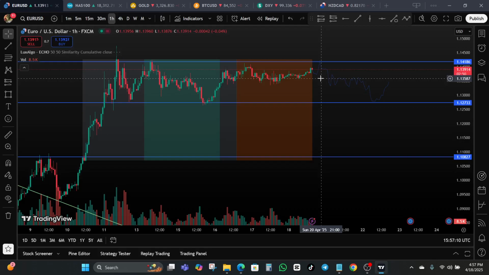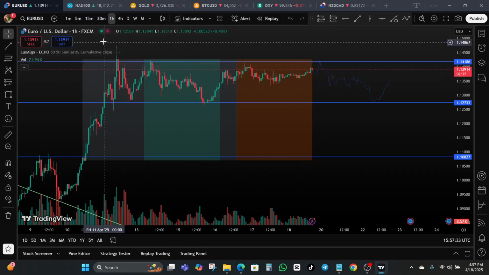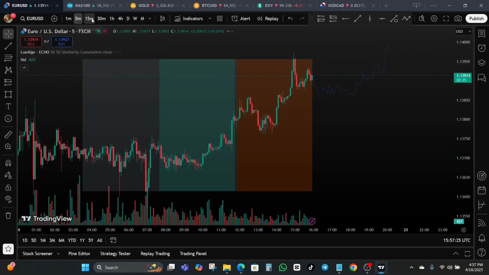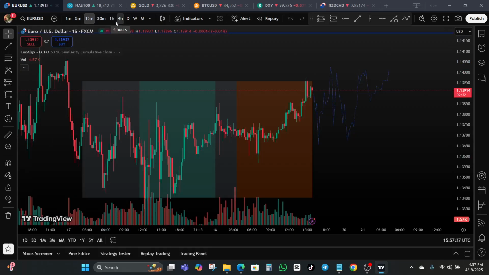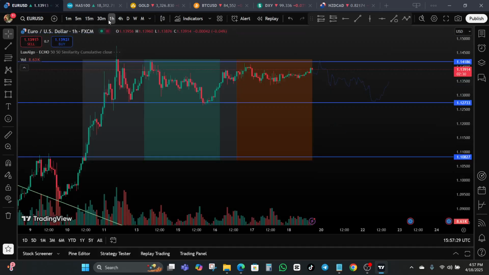This indicator works across Forex, crypto, stocks, and indices. You can use it on any time frame, but most traders get strong value on the 5-minute chart, 15-minute chart, and the 1-hour chart, where price structure is clean and readable.